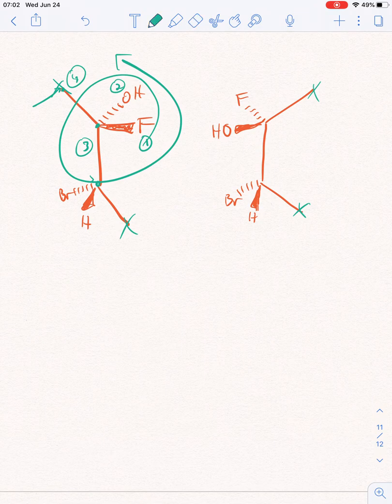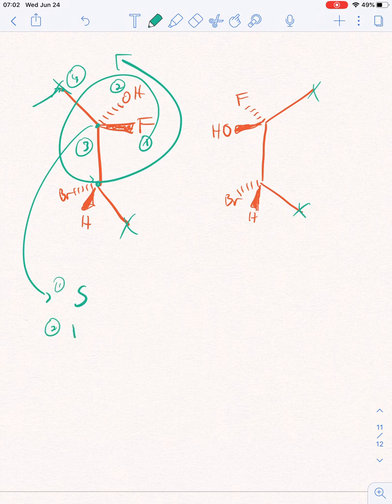And that would say S, right? Now our original rules are: if 4 is in the front, we flip whatever chiral center we find. If 4 is in the back, we keep it. But what if 4 is in the plane? If 4 is in the plane, then you find your regular chiral center.